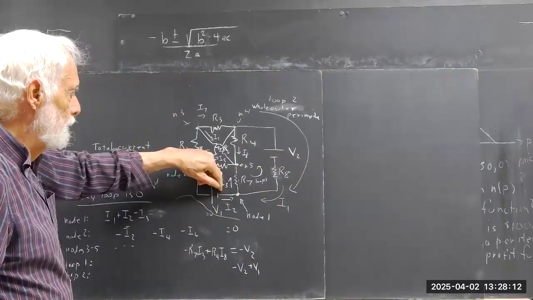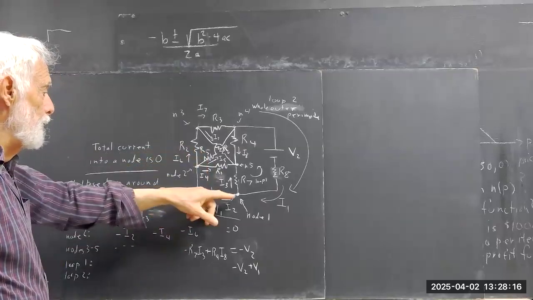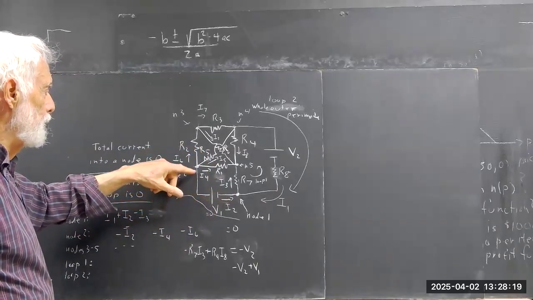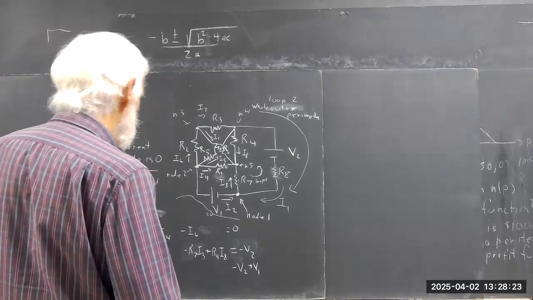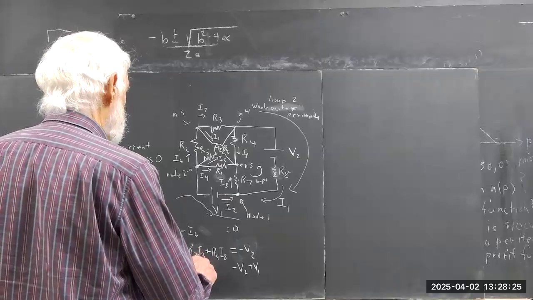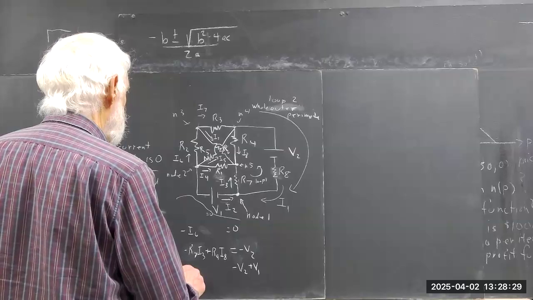If I'm going around this loop, my voltage is dropping. Okay. Then I'm not running into any resistors until I get here. And I'm going to have I6R3 or R2. See, that was R7, wasn't it? Two.